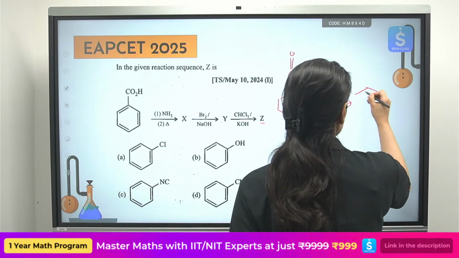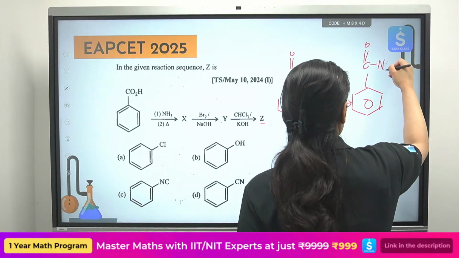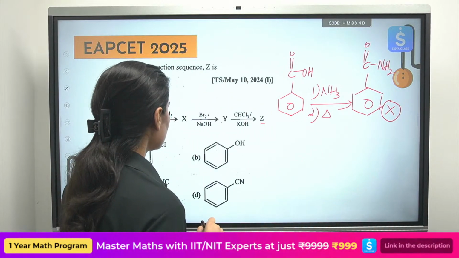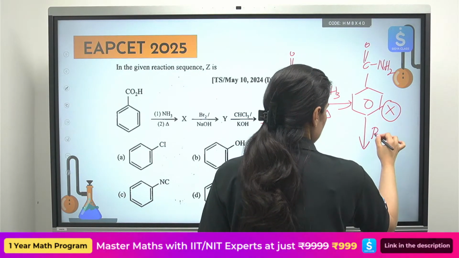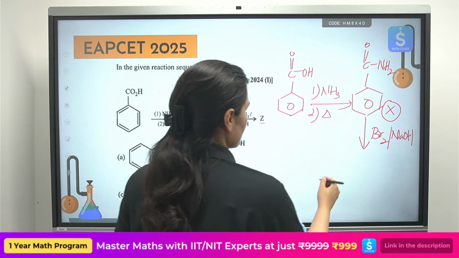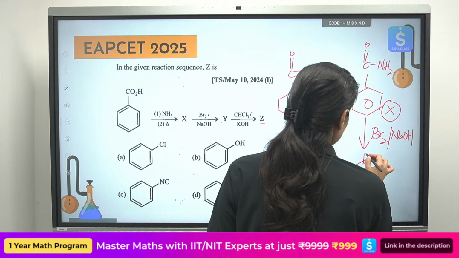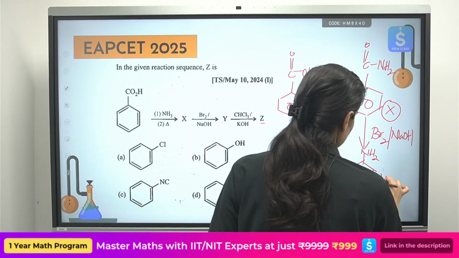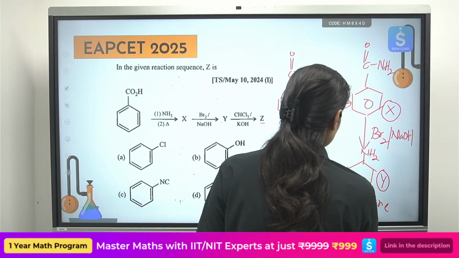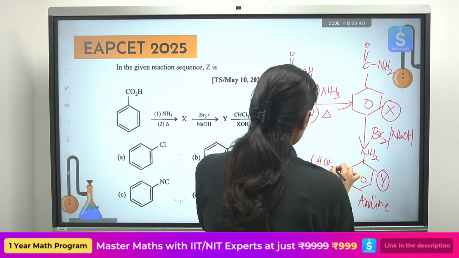Amide. This is X. And then Hofmann bromamide degradation. This is Y. This is benzamide that you have just now written. And then carbylamine reaction, isocyanide.